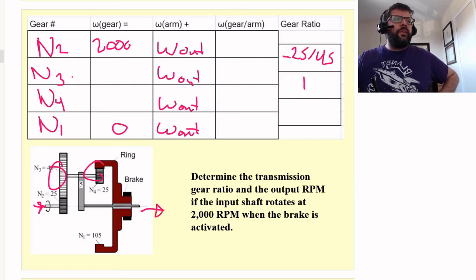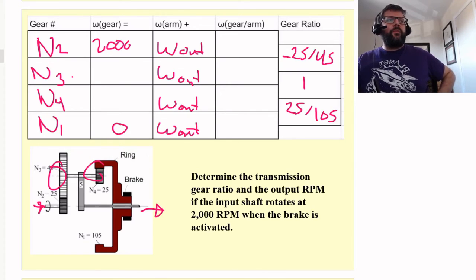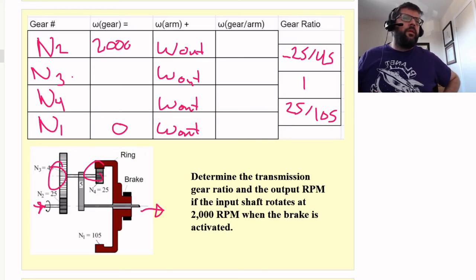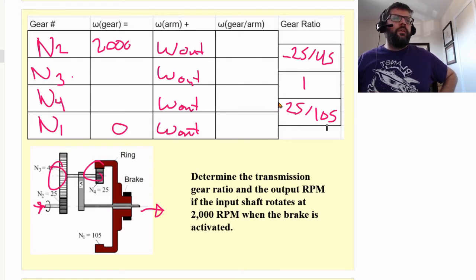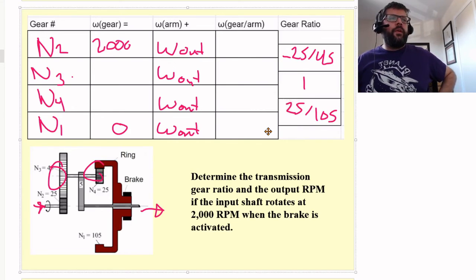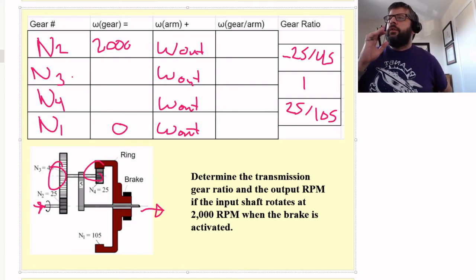The other one that we can fill in here is N4 to N1. So we've got 25 divided by 105, going from up here to over here. Again, no negative sign there because one of those is an internal gear.